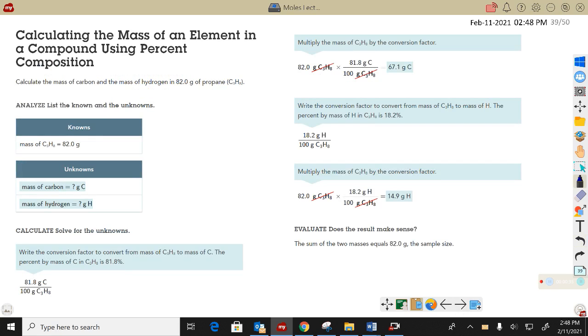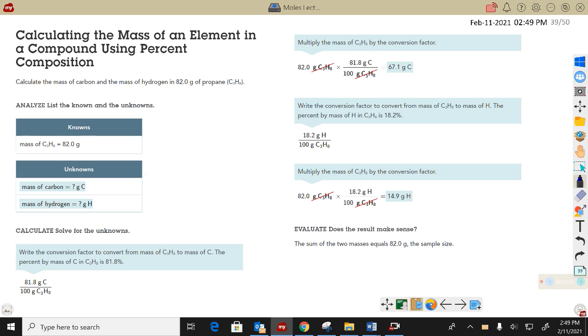But instead, I want to focus on this concept of calculating the mass of an element in a compound using percent composition. Now, I don't set it up this way.